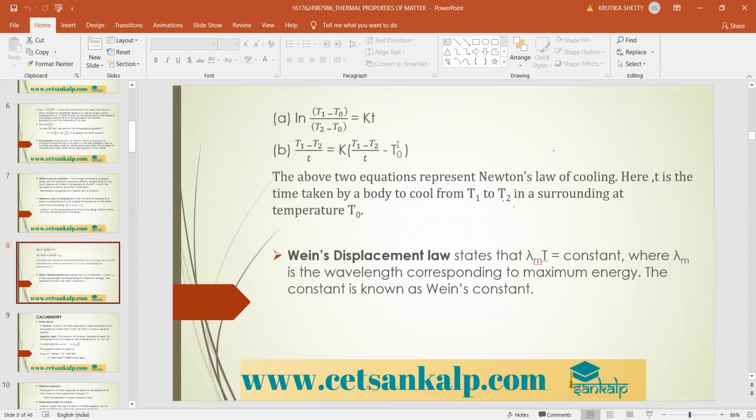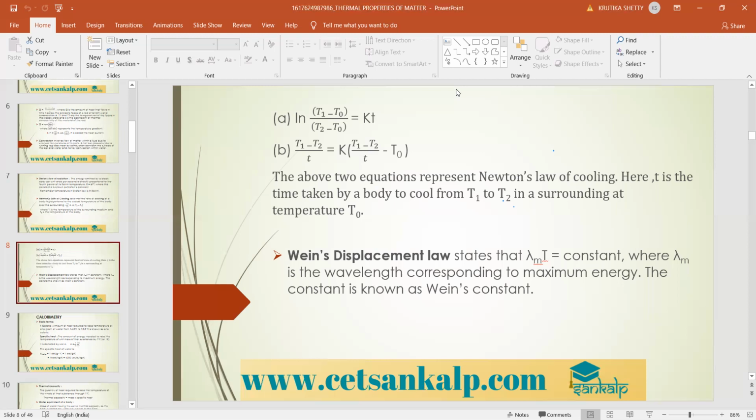Then the next law we have is Wien's displacement law. Wien's displacement law states that lambda m into T is equal to constant. What is the meaning of this? Here lambda m is the maximum wavelength for the corresponding energy, or we can also call it the wavelength corresponding to maximum energy, and the constant is known as Wien's constant.